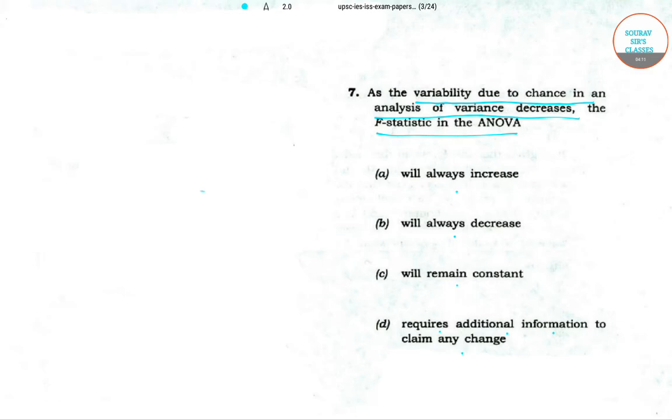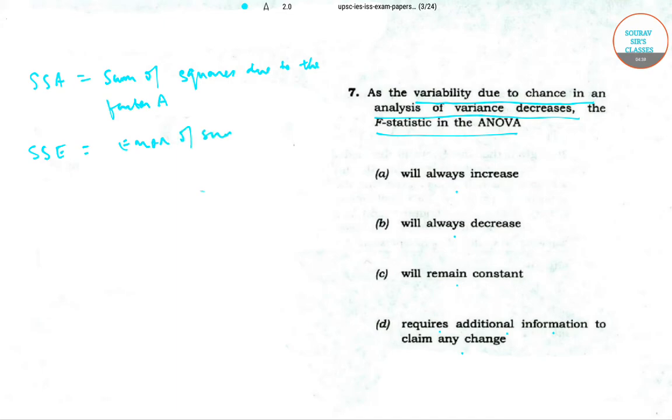Well, so let SSA be the sum of squares due to the factor A, and SSE be the error sum of squares, which is the variability due to chance.